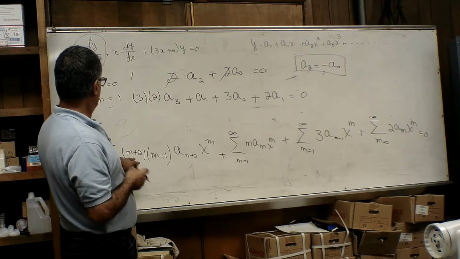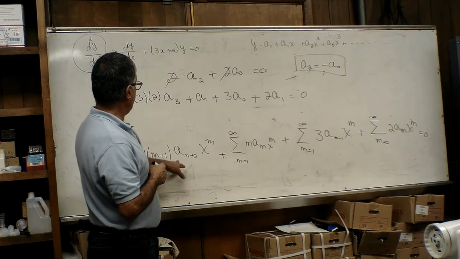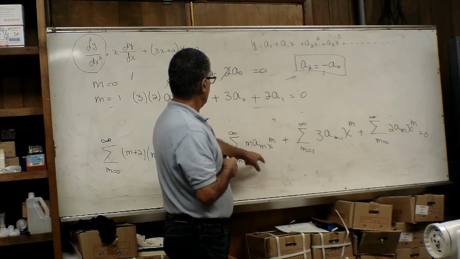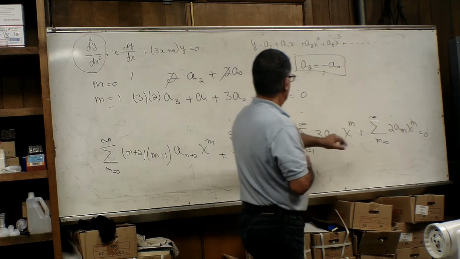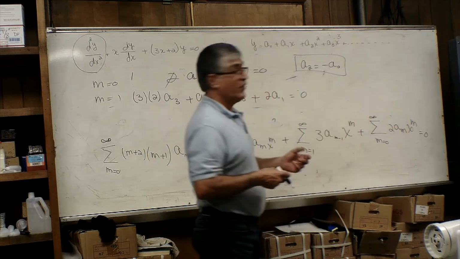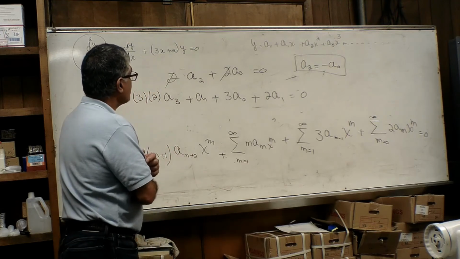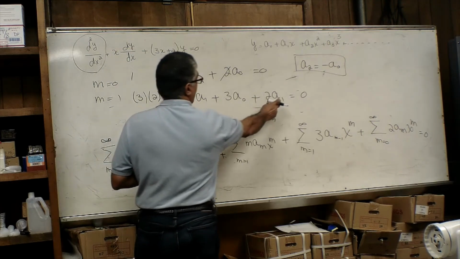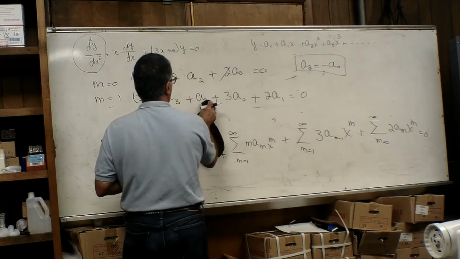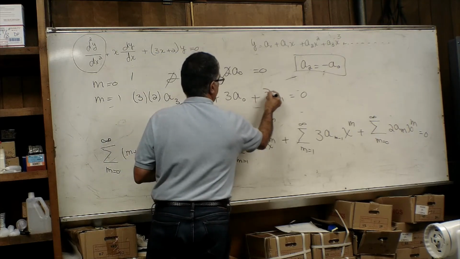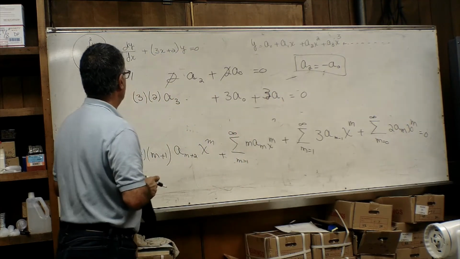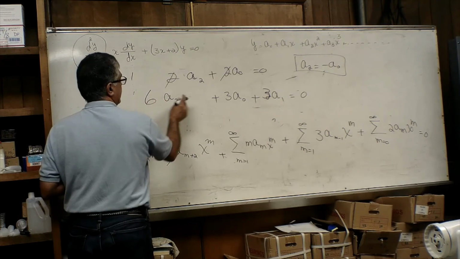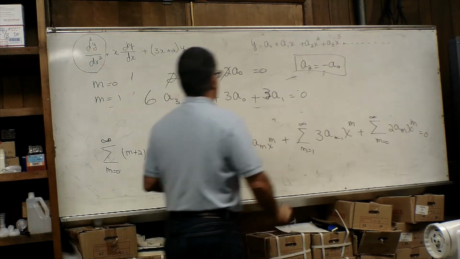So 3 times 2 is 6, 6A3, and this one is 1 times A1 plus 3A0 plus 2A1. You have to be careful. So from here, we have A1 here and plus 2A1, so we can have plus 3A1 equal to 0. So 6A3 plus 3A0 plus 3A1.